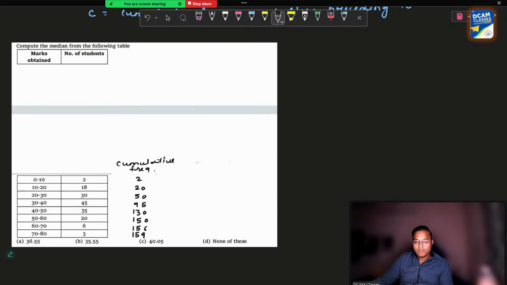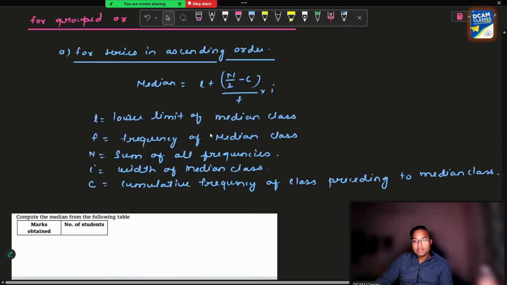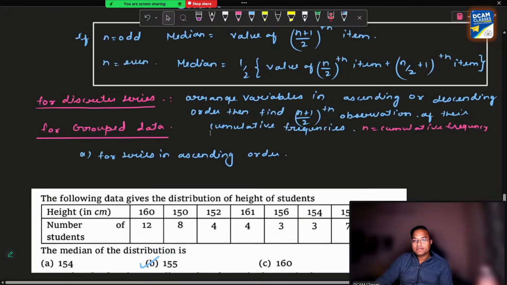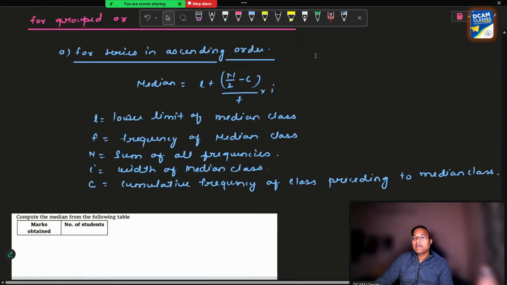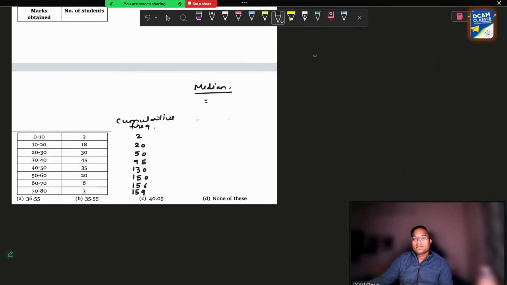Okay. Now first we have to find out the median class. It will be (n plus 1) by 2. Since n is 159, it's odd. If it was even, we would have used the other formula. It is odd, so (n plus 1) by 2th item. 159 plus 1 by 2, 160 by 2, 80.